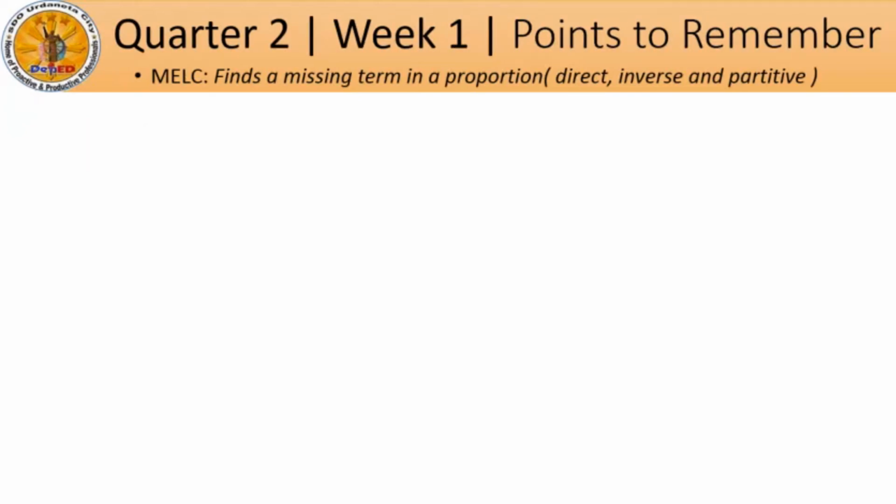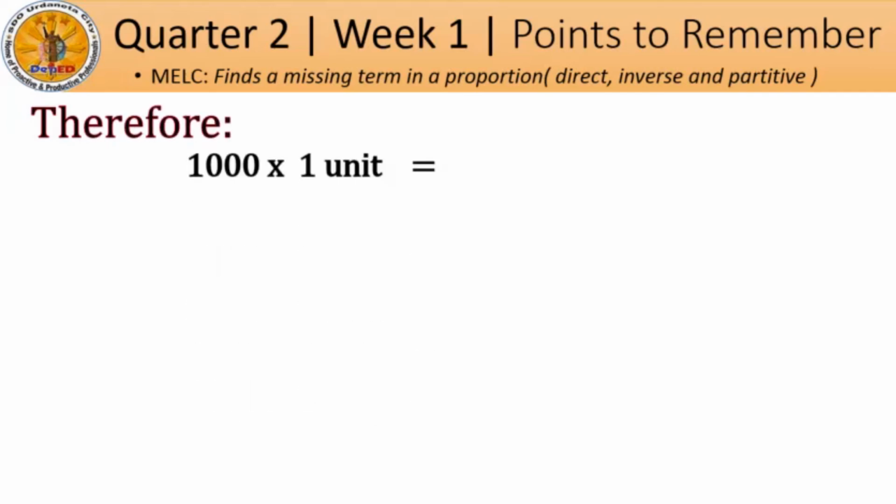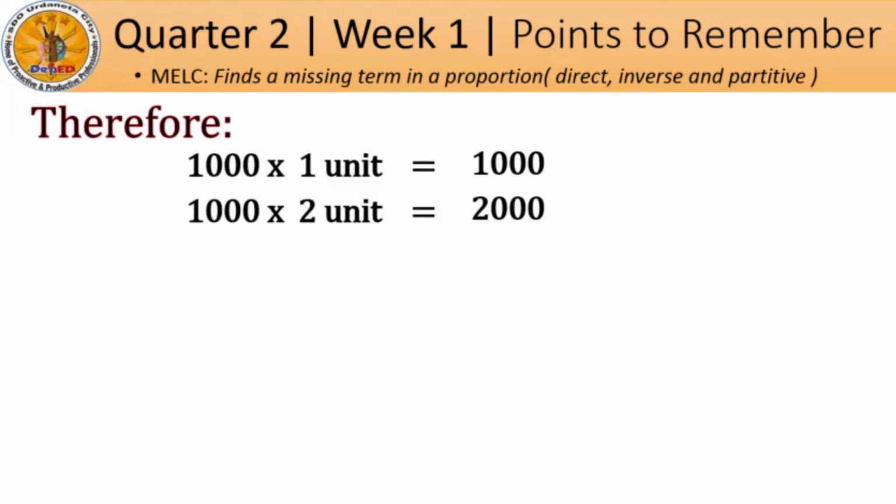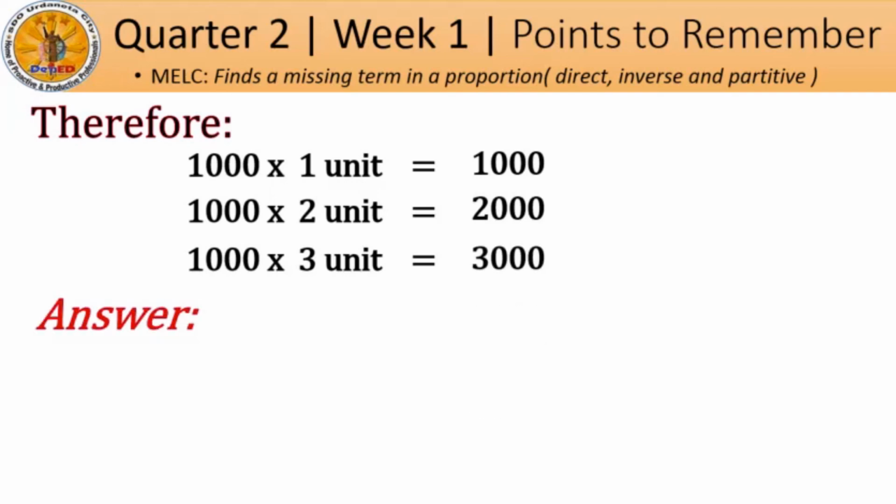Let us now multiply the value of 1 unit into parts of 1 is to 2 is to 3. Therefore, we have 1,000 multiplied to 1 unit is equal to 1,000. 1,000 multiplied to 2 units, we have 2,000. 1,000 multiplied to 3 units, we have 3,000. But we are not yet at our final answer.